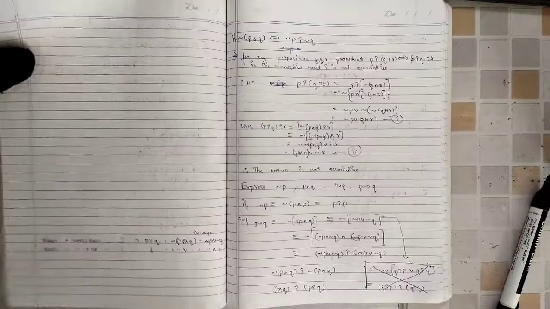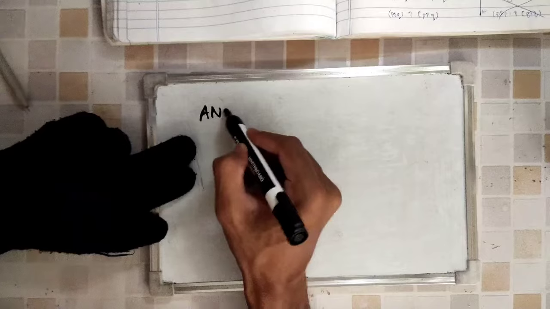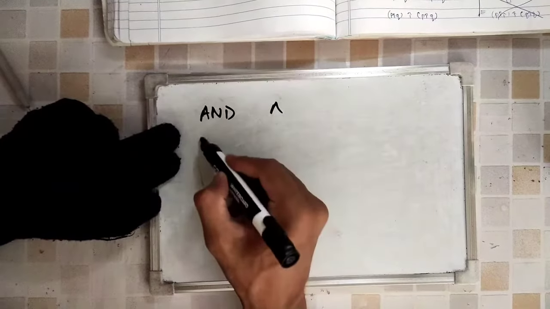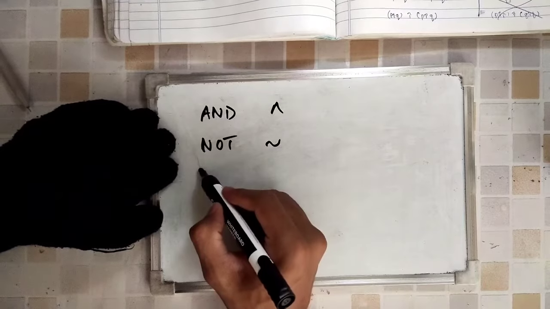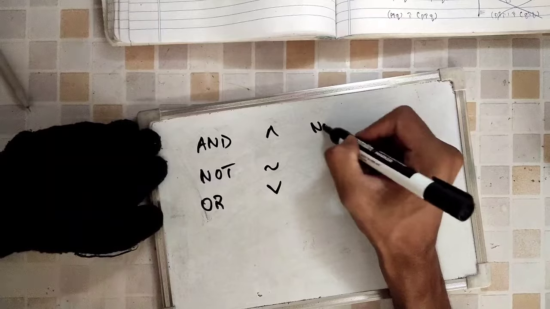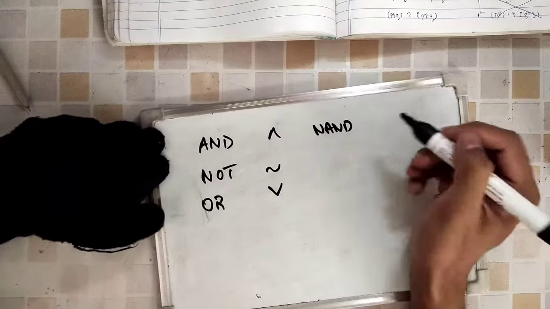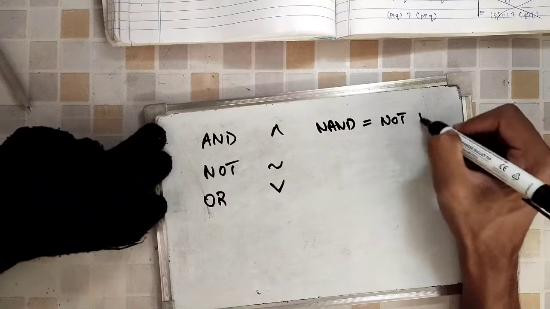Okay, then we also have a concept here which is nothing but NAND and NOR. So we know which is and is this, right, and not is negation, or is this. Now I will take NAND. NAND is nothing but and plus not, or not plus and.